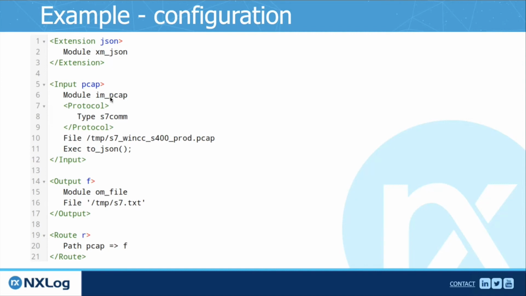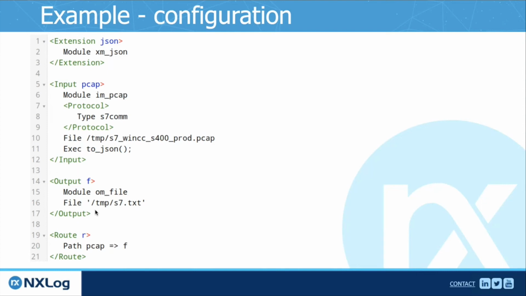We declare which protocol we want to listen to, and in this case we have S7comm. We point to a file to which the network traffic is being captured, and here, thanks to the directive exec to_json, we simply tell the NXLog agent that we want to get results in JSON format.